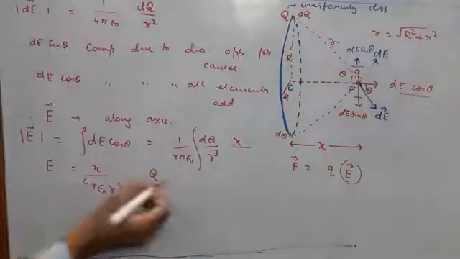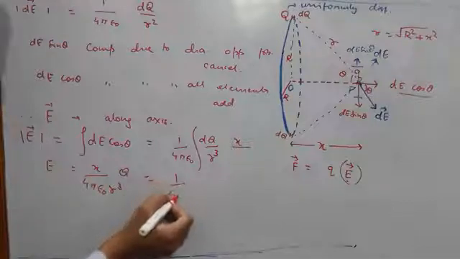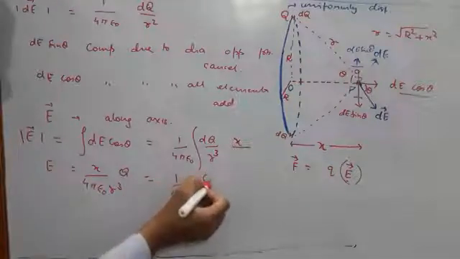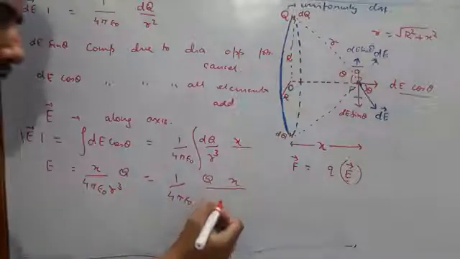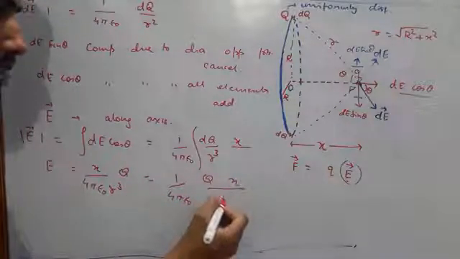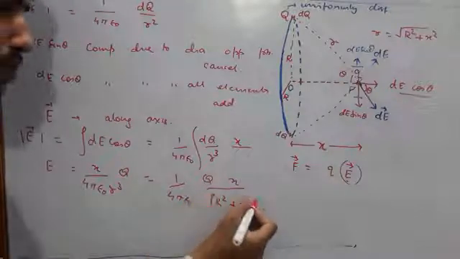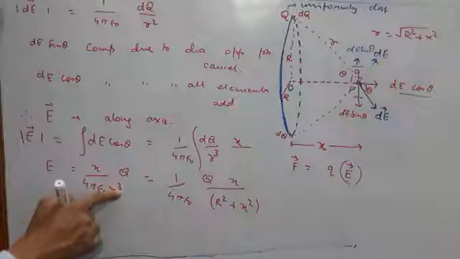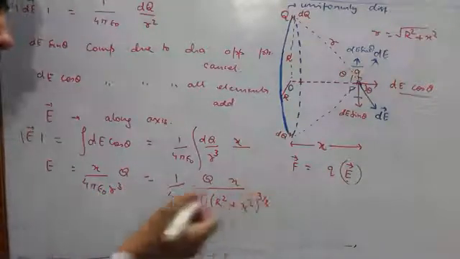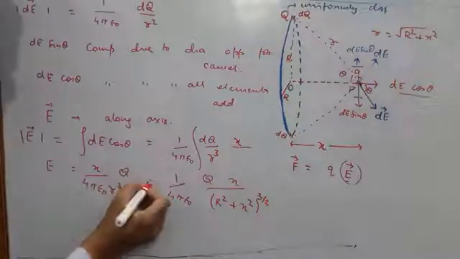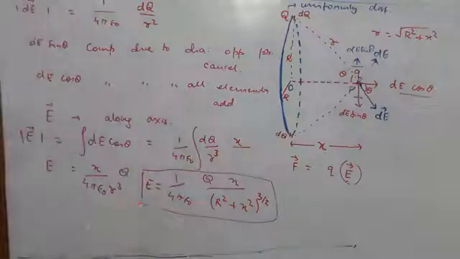Put that value of r, you will get 1 by 4 pi epsilon naught Q x upon r cubed. R I will write as root under radius square plus axial distance square. Root means power half, and then this is power 3, so half and 3 you will multiply, you will get 3 by 2. So this is the expression for the electric field on the axis of the given ring.